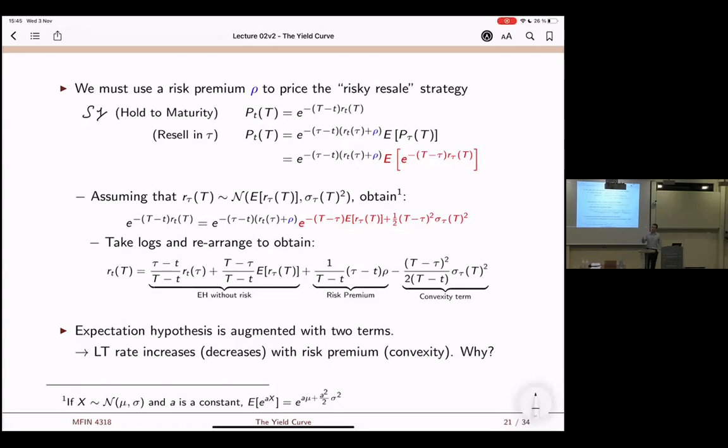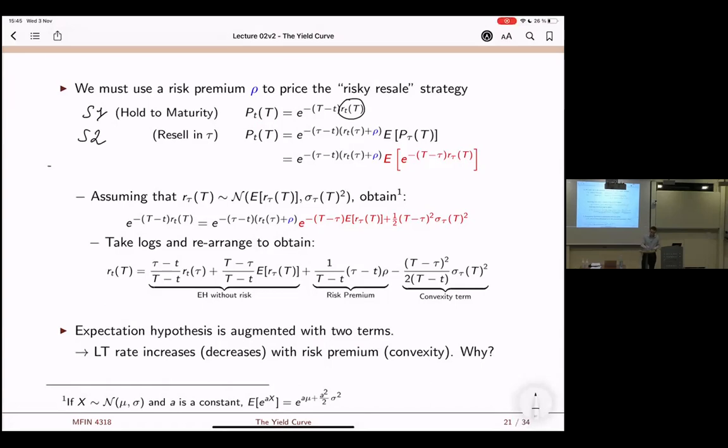That's how we price this bond. This is almost by definition: the long-term rate R_T of T, if it's a zero coupon bond, is the yield to maturity of that bond. So this first relationship is almost by definition. Now, how do we adjust the second strategy, what I called S2 before, when you buy the bond at date t and you resell it at this intermediate date tau?